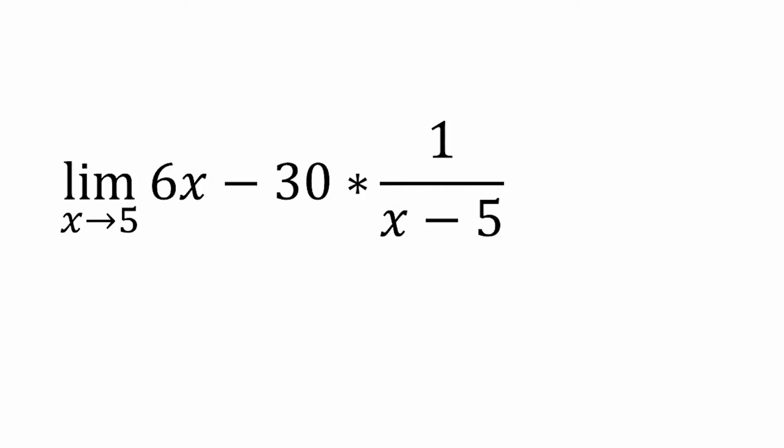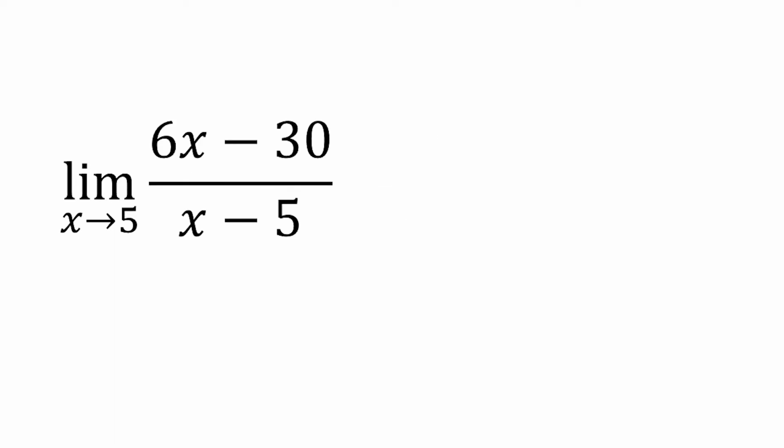If you just multiply those two functions, 6x minus 30 times 1 over x minus 5, you can just say it's 6x minus 30 over x minus 5. And if you look at each limit independently, the limit as x goes to 5 of 6x minus 30 would equal 0. And the limit as x goes to 5 of 1 over x minus 5 doesn't exist.